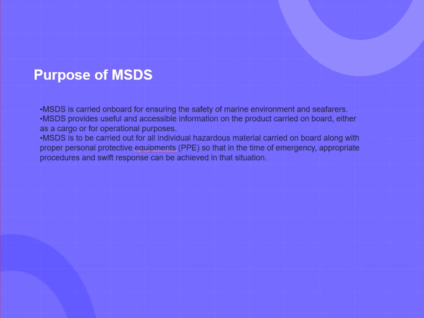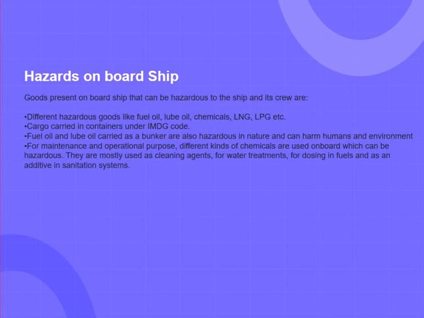The MSDS is to be made available to all individuals handling a material carried on board, along with proper personal protective equipment, called PPE, so that in the time of an emergency, appropriate procedures and swift response can be achieved in that situation. So it is better that you refer to the MSDS for these kinds of purposes.